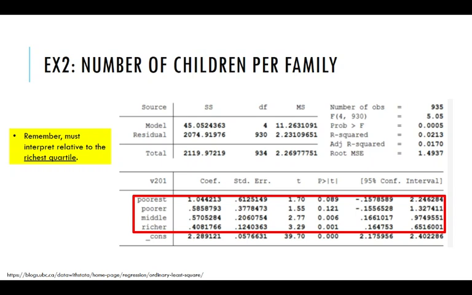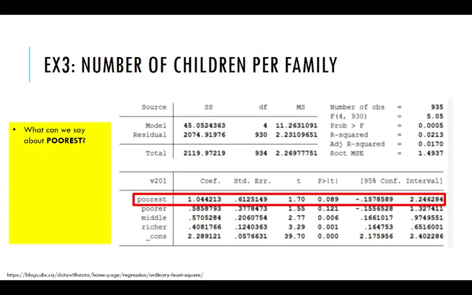So let's see what we can learn. Again, remembering, interpret relative to the richest quartile. So what can we say about the poorest quartile? Well, let's see what our regression results tell us. Does everyone agree that it's not significant at the 95% level of confidence? Take a look and make sure that you agree with that conclusion.